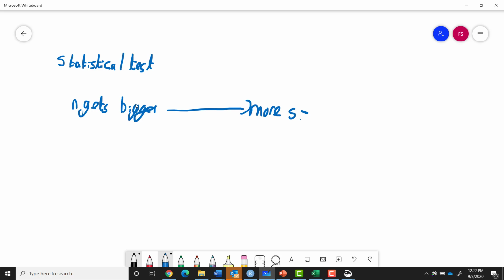Which means with a big N, we could have a really small effect, but we have a big enough N that we get a significant result. So what the effect size does is it tells you how strong the effect is.